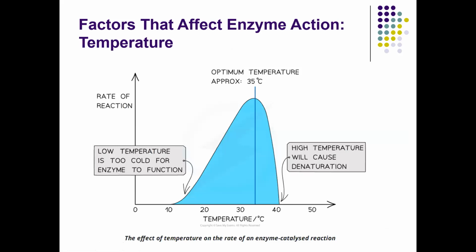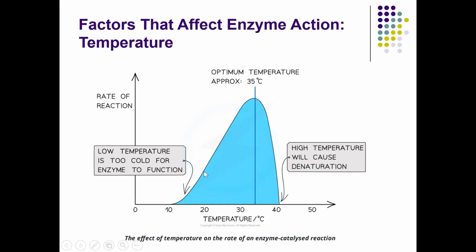Then we see the effect of temperature on enzyme action. You can see here the shape of the effect of temperature on the rate of the reaction. Going from left to right, the temperature increases, and so does the rate of the reaction. At low temperature, the activity of the enzyme to catalyze the reaction is very slow.